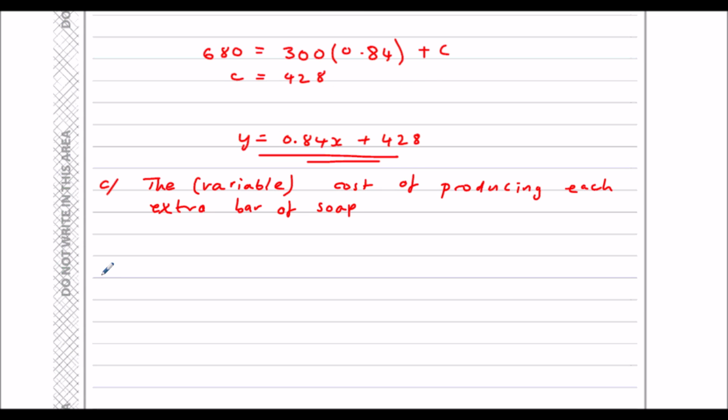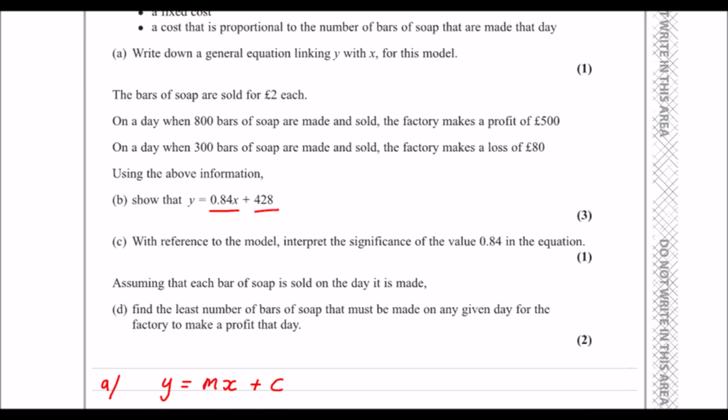That's how much money they make, 2 times x, minus how much it costs to make them, which is 0.84x plus 428. So that's how much they make, that's how much it costs to make them, and we want to know when it's 0, do we?